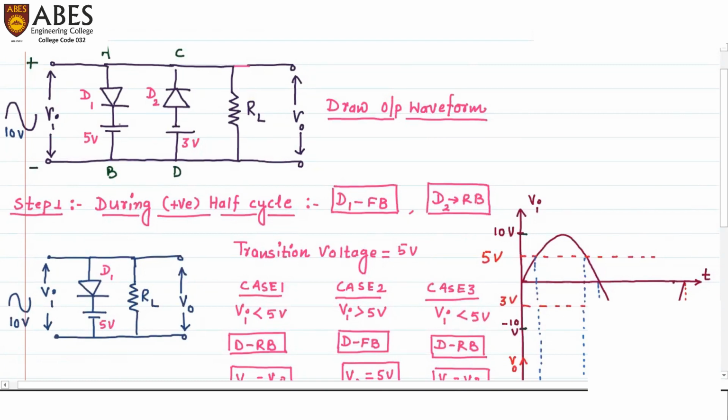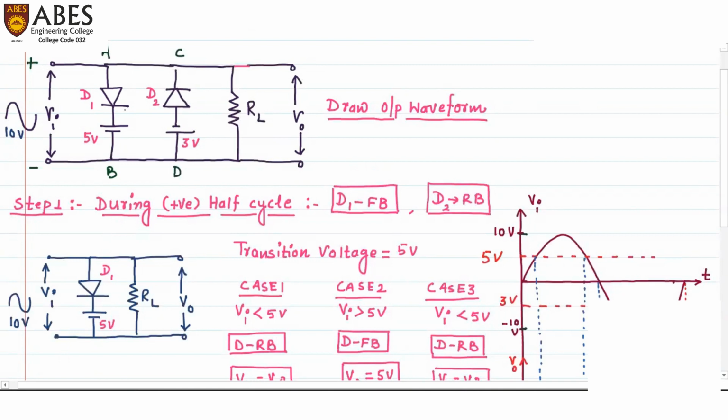Here we need to check whether diode D1 is forward biased or reverse biased. Similarly, whether diode D2 will be forward or reverse biased.